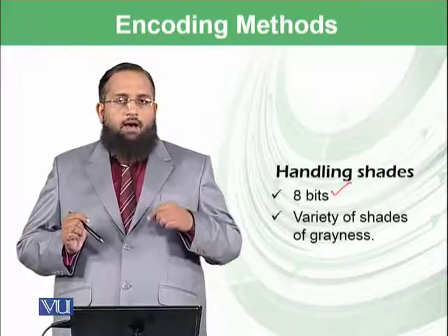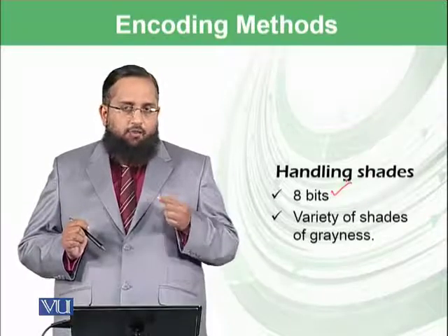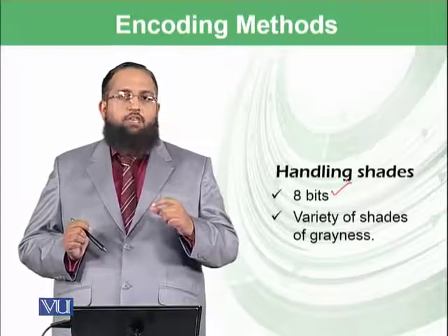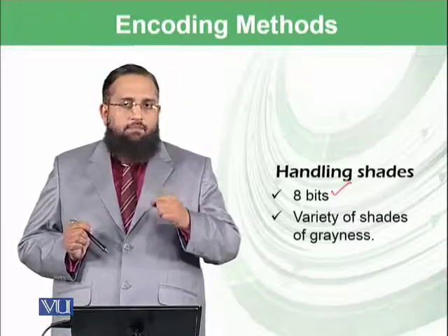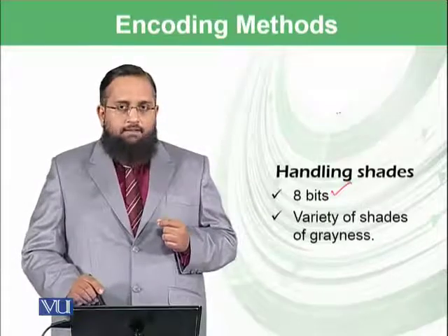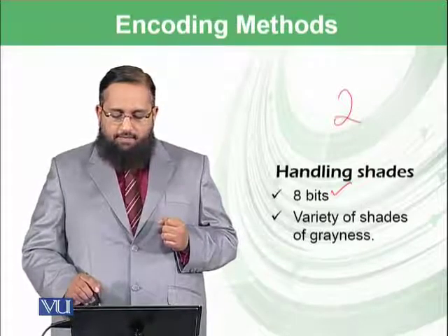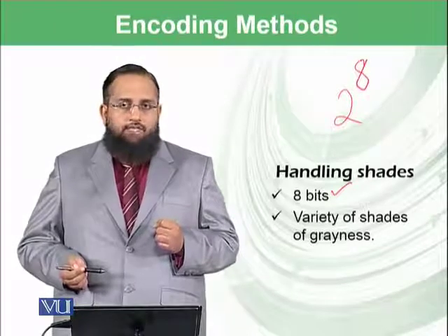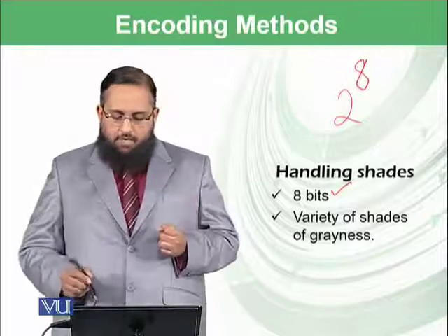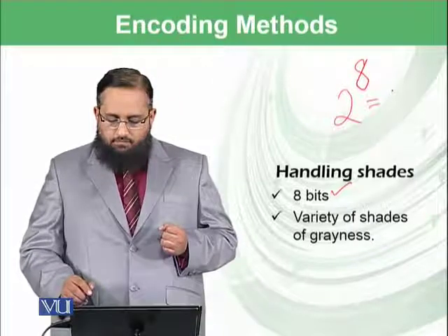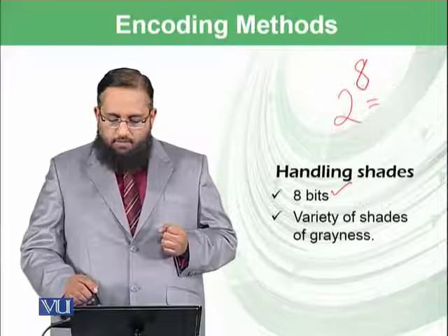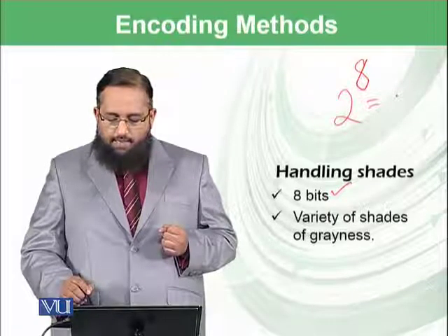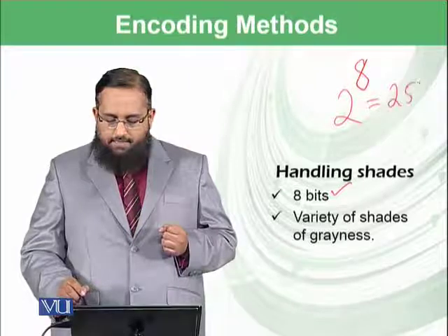Now I am expecting that you can tell me how many shades of one color can be represented with 8 bits. We have learned in the last module that with 8 bits, we can represent 2 raised to power 8 combinations or unique bit patterns, which becomes 32, 64, 128 and 256.